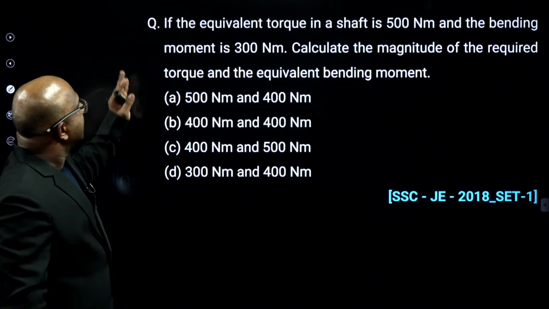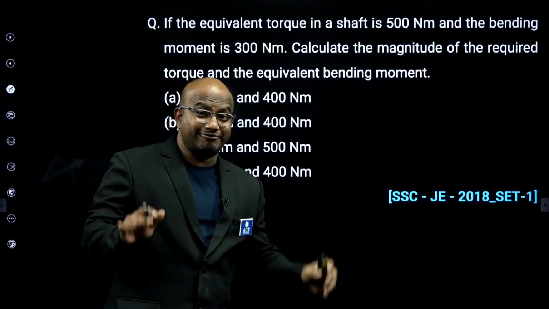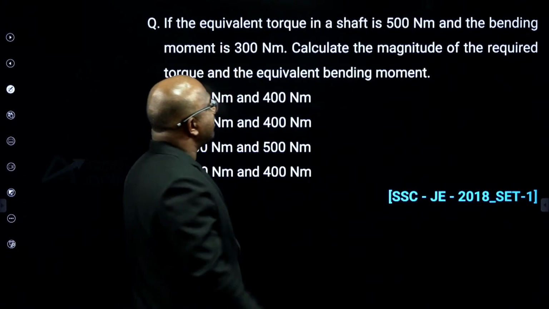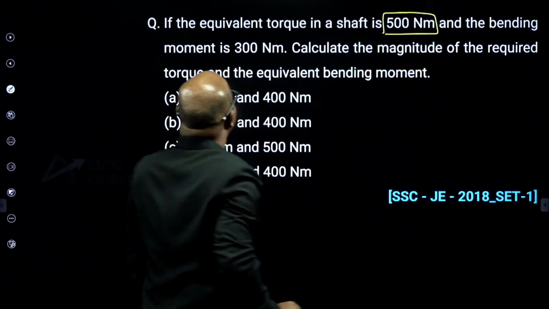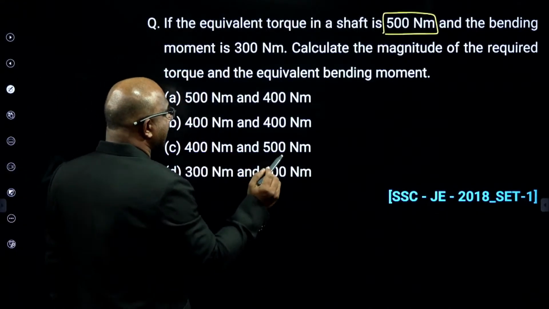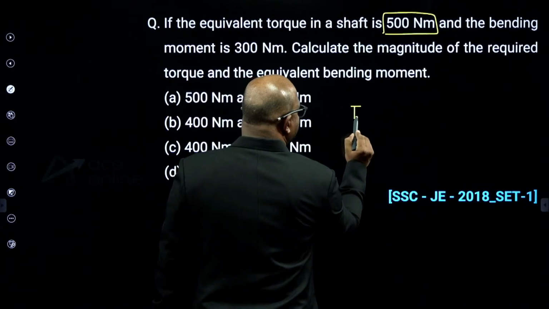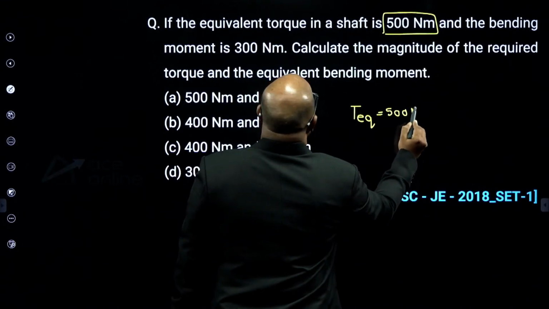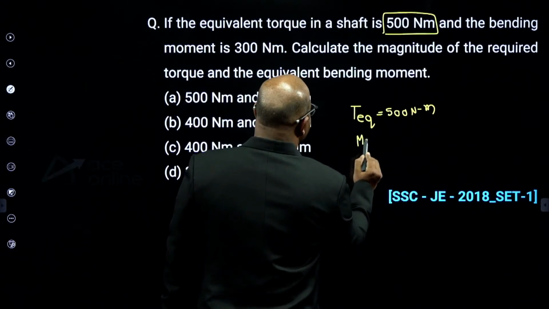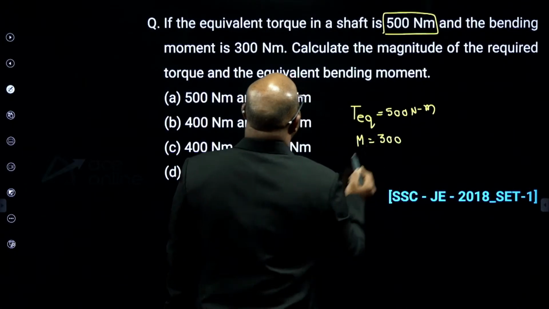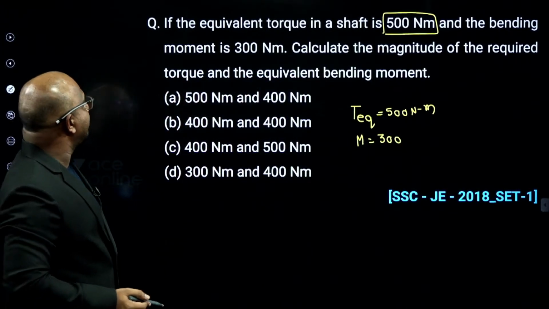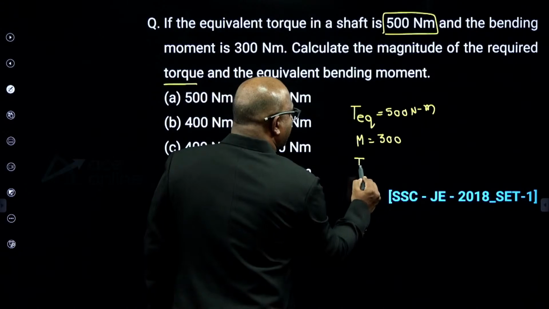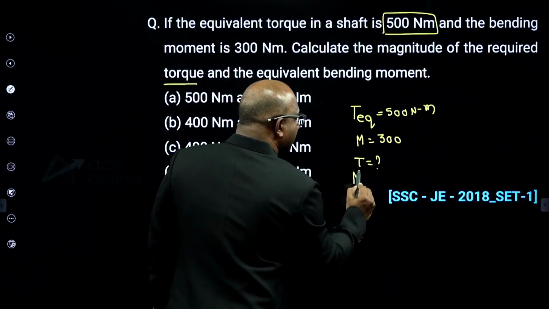Next, a very good question. If the equivalent torque in the shaft is 500 Newton meter, and the bending moment is 300 Newton meter, then calculate the magnitude of the required torque T and the equivalent bending moment M equivalent.